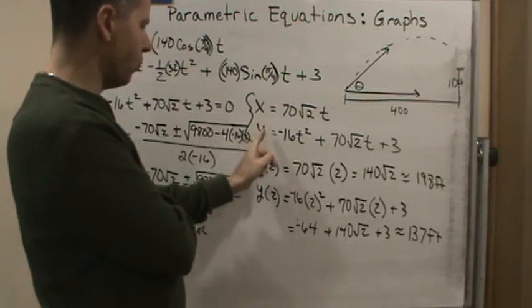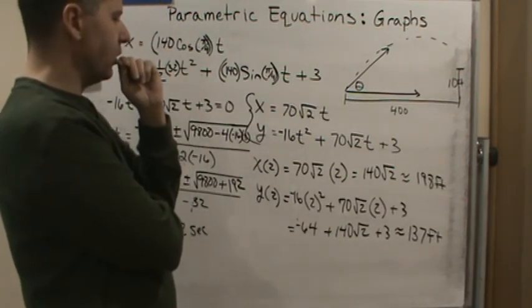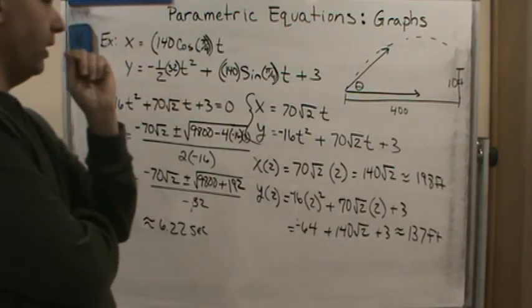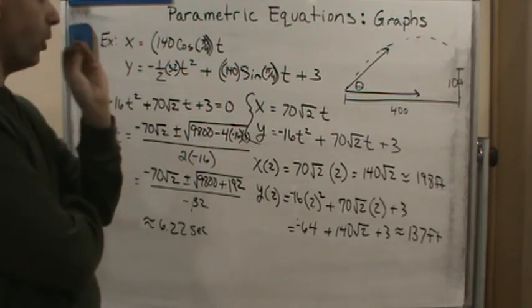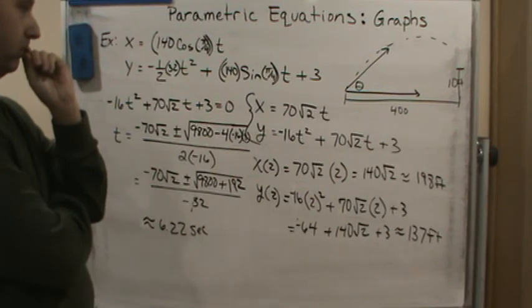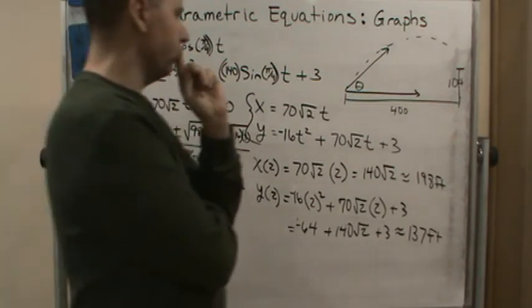We're given X and Y, and so we're going to need to find the height of the ball the moment it was 400 feet away.